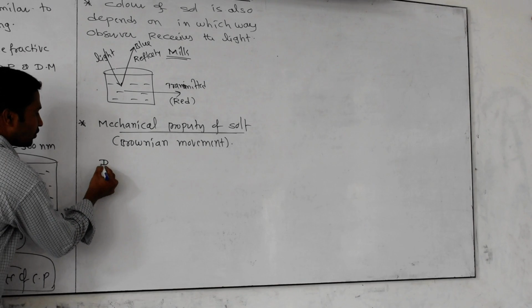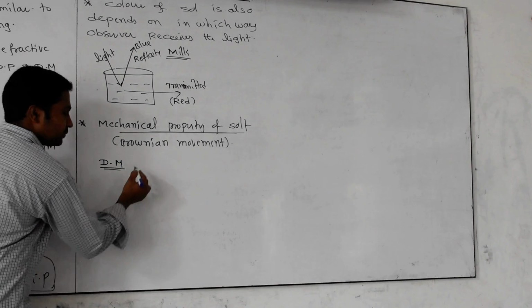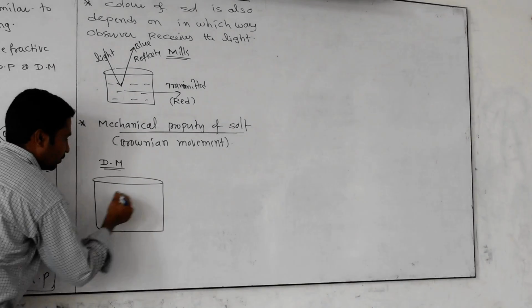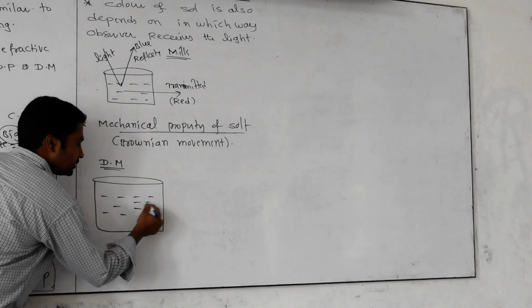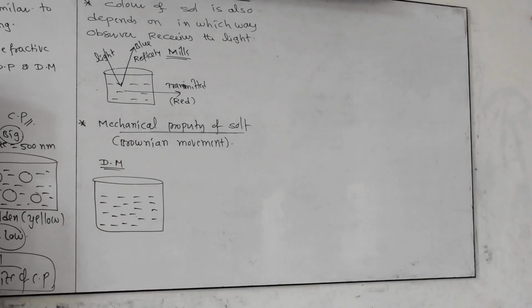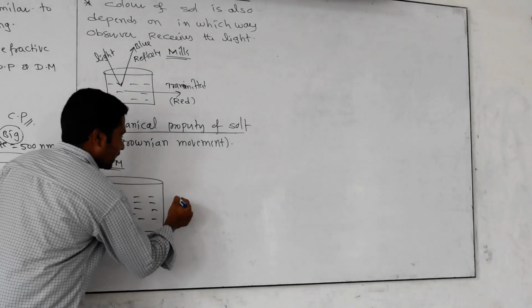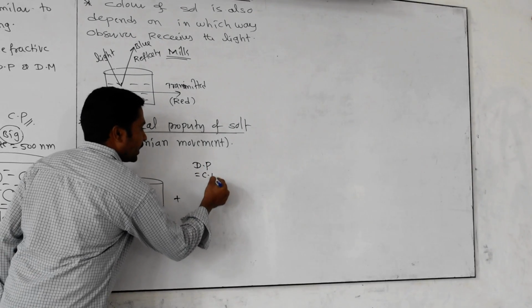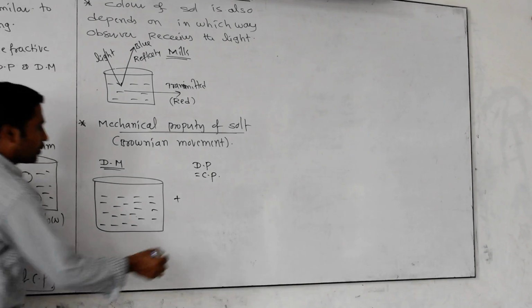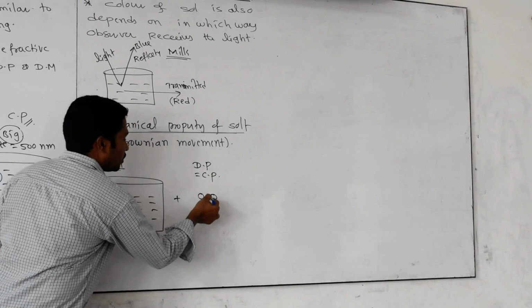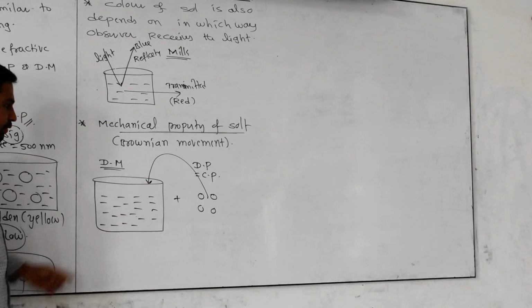First of all, you have a dispersion medium. Dispersion medium means I am taking one liquid like this, in which the colloidal particles have to be dissolved or mixed. To this I am adding the dispersed phase, also called colloidal particles, and I have to dissolve them in it.